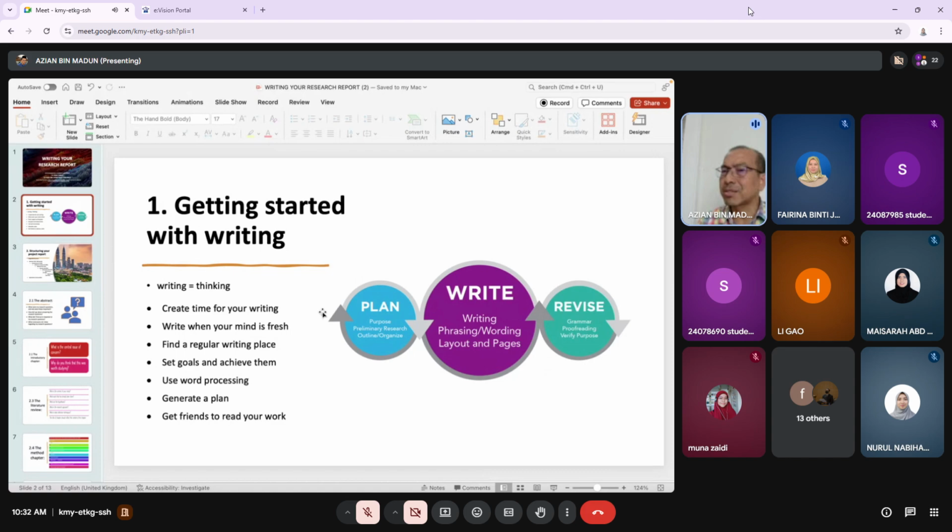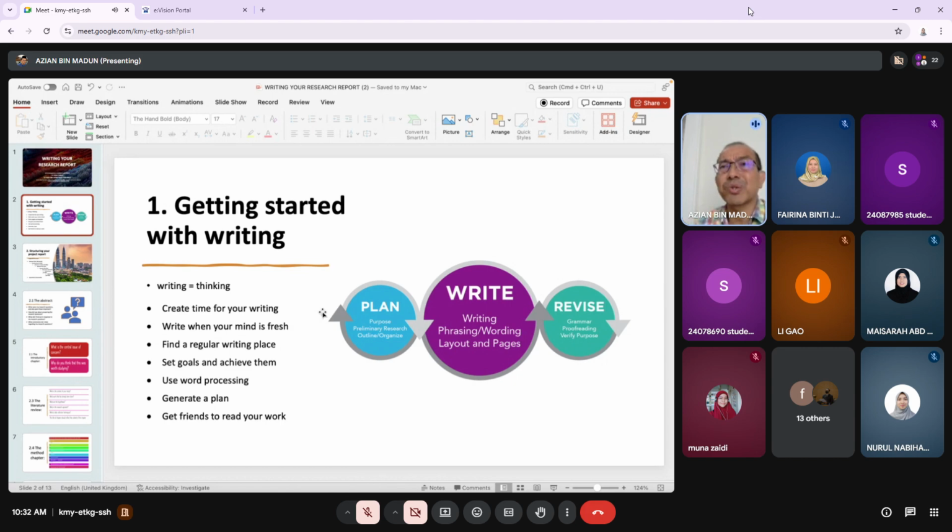When I look at the way it's written, it's not that the message is not clearly conveyed. But I don't understand why ada grammar salah sana sini kan, grammar mistakes here and there. So why don't you use AI to write your memo, to write some sort of manual lah, a manual on how to use the system lah.